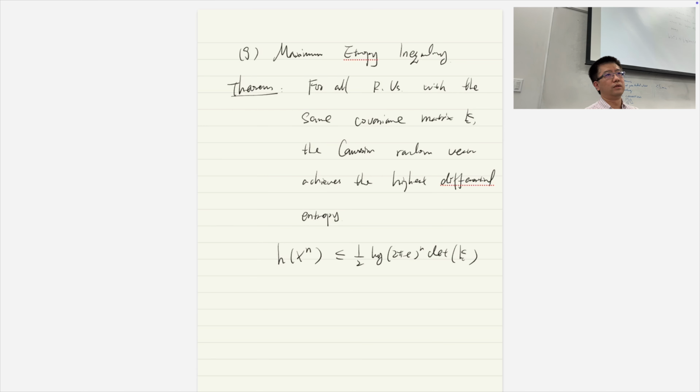That's the intuition, which makes sense because of the central limit theorem. If we add a bunch of things all together, this random variable will converge to a Gaussian distribution. Therefore, it sort of means Gaussian distribution has the most randomness. That's why we like Gaussian distribution.